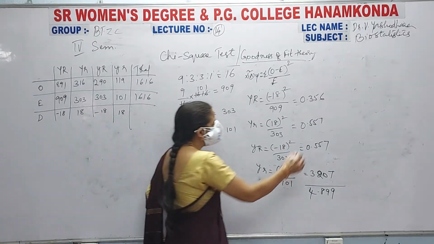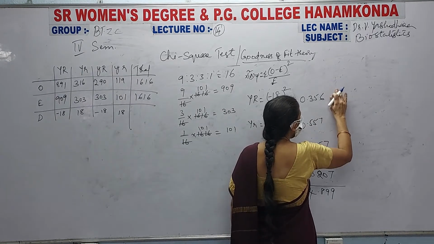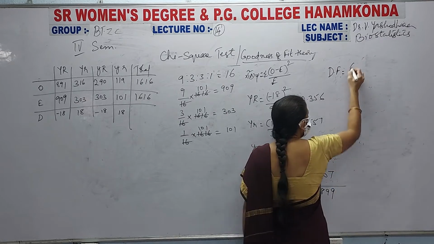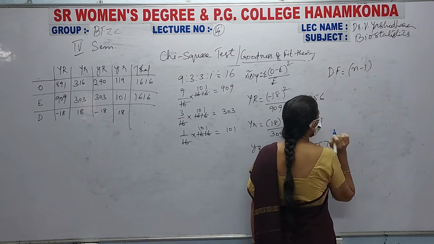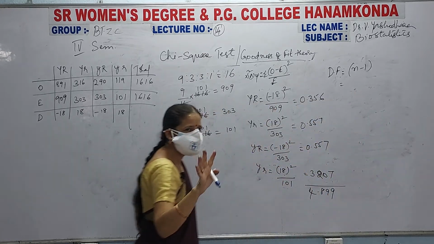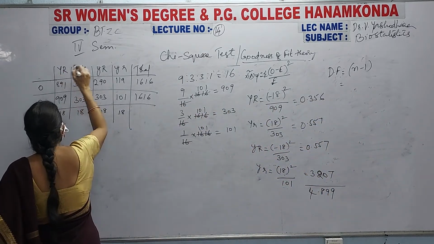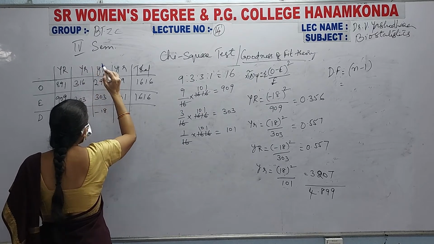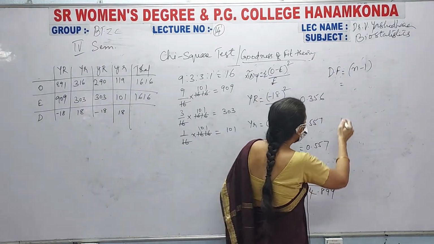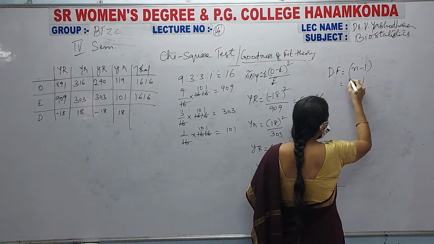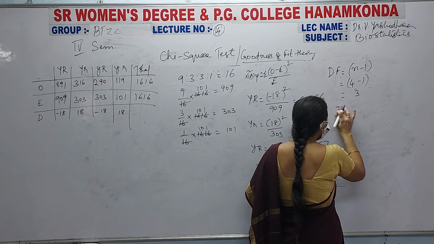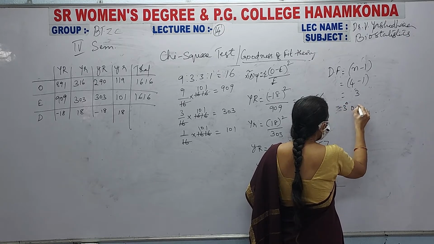Now coming to the degrees of freedom. Degrees of freedom is equal to n minus 1. Here it is a dihybrid cross, so you have 4 items: yellow round, yellow wrinkled, green round, green wrinkled. So n is 4, and 4 minus 1 is 3. So we have 3 degrees of freedom.